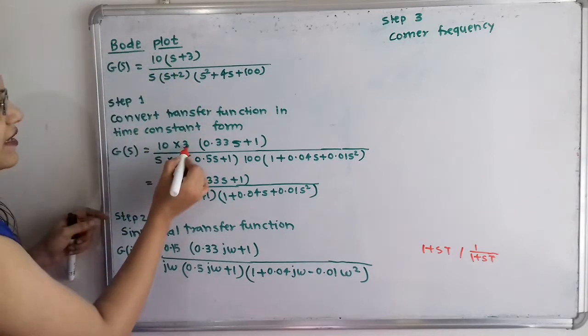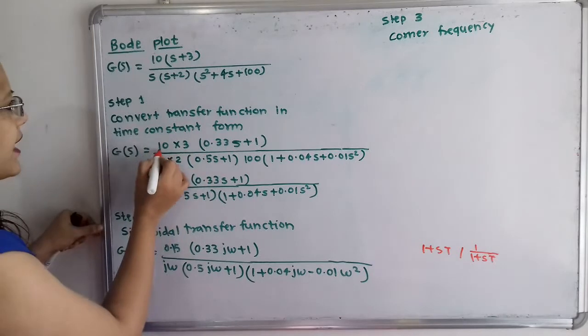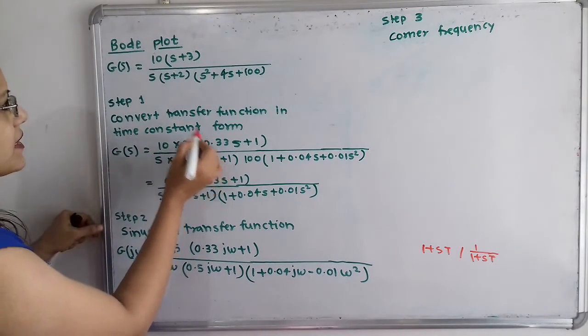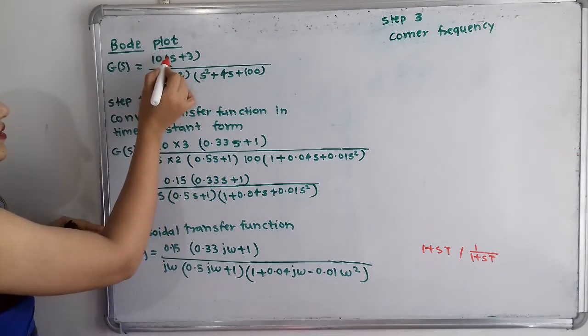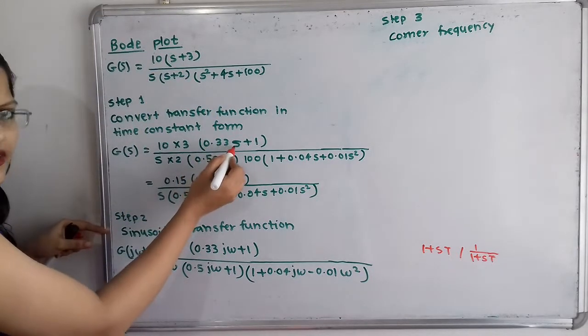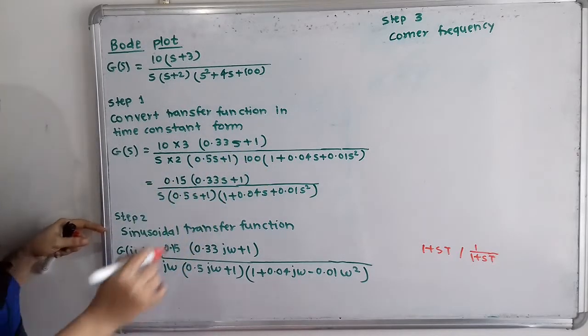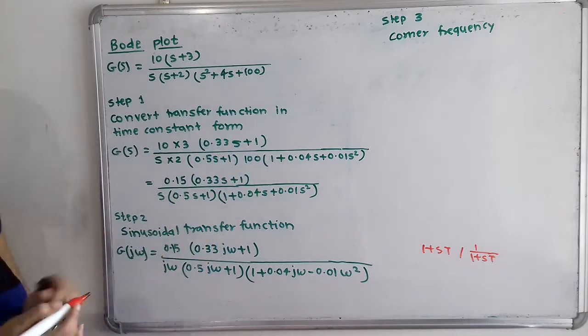So I will take 3 as a common term. That is 10 multiplied by 3, in the bracket 1 by 3, that is 0.33s plus 3 by 3, that is 1. So the numerator is completed.